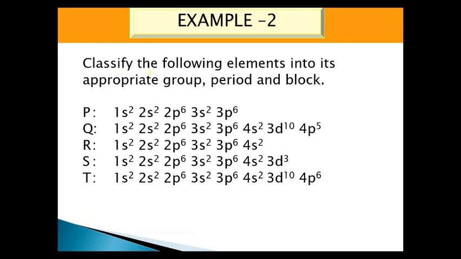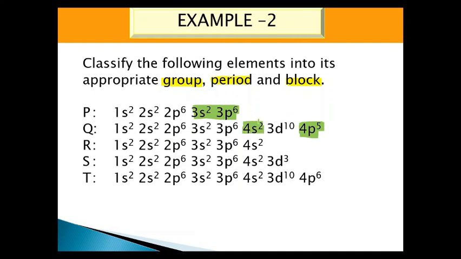Example 2. Classify the following elements into their group, period, and block. First of all, I want you to highlight the valence orbitals. For P, that would be 3s2 3p6. For Q, that would be 4p5, but remember we have 4s2 as well.